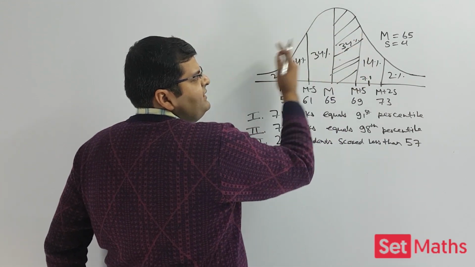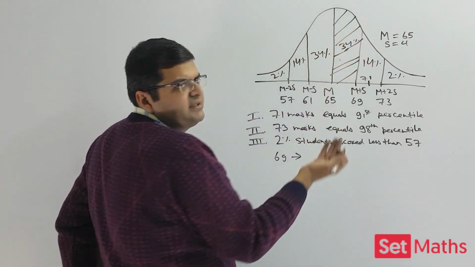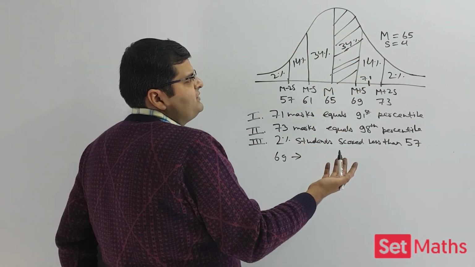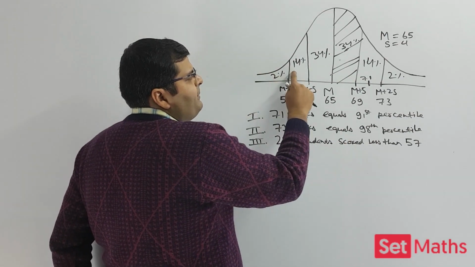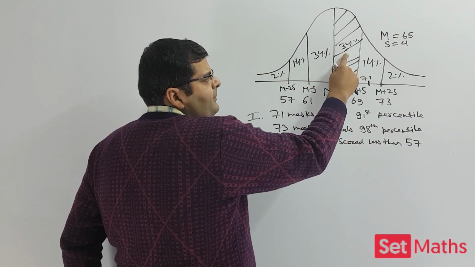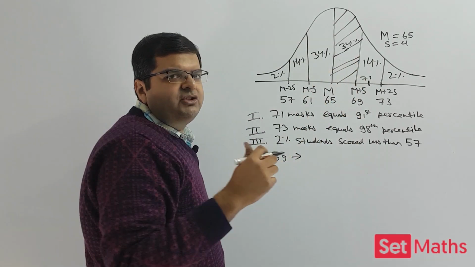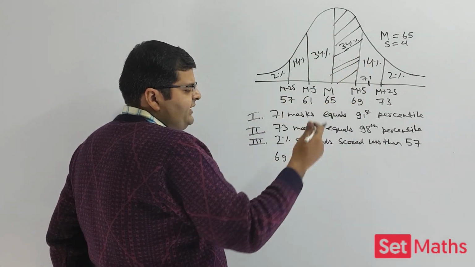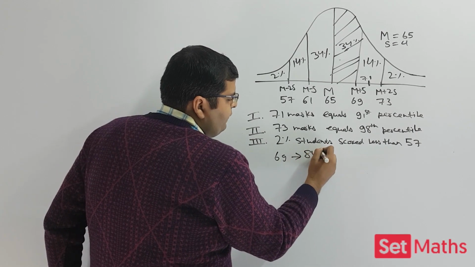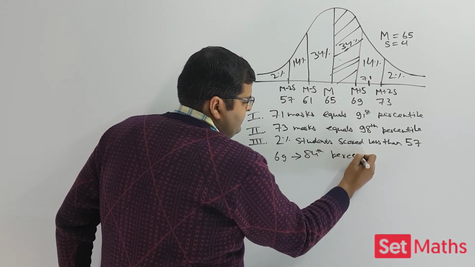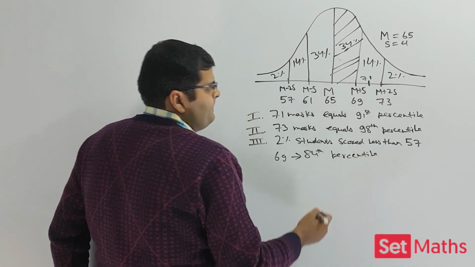So below 69 there will be 50% plus 34%, that is 84%. Or you could have done 2% plus 14% plus 34% plus 34% to get to 69. So 84% students score less than 69. So 69 is 84th percentile. This is what we know.